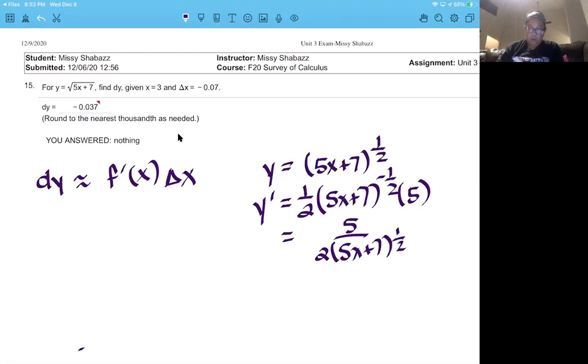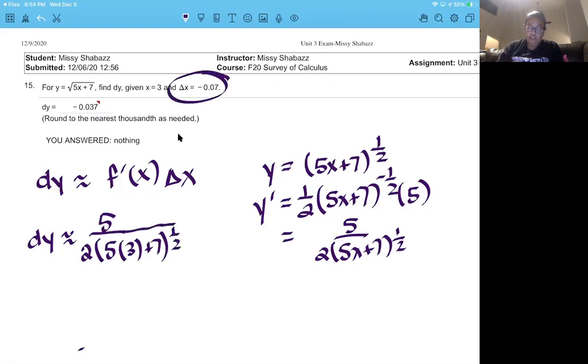All right, so dy is approximately 5. Let's evaluate it at x equals 3. So 2 times (5 times 3 plus 7) to the 1/2 times my change in x. They tell me the change in x is negative 0.07.